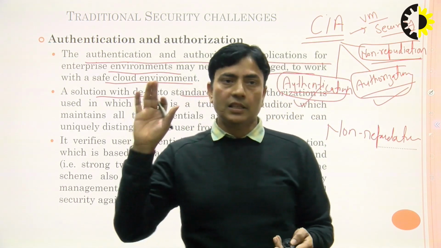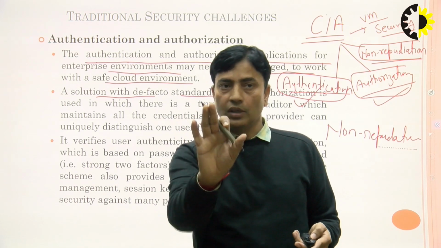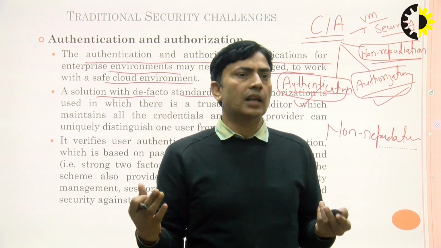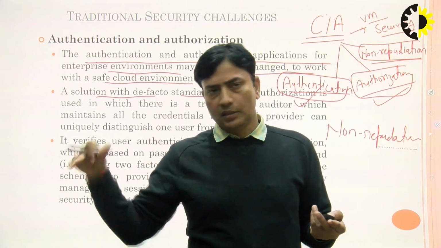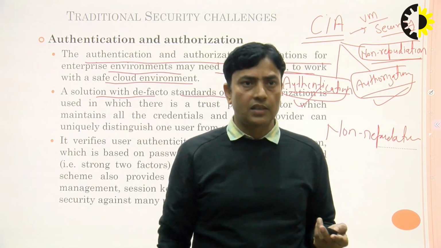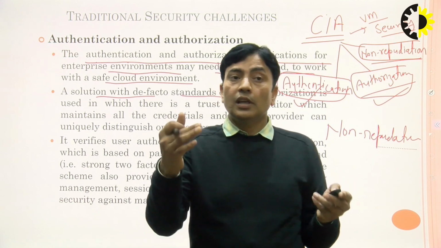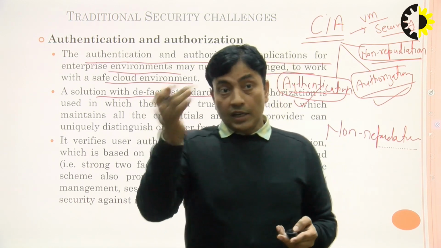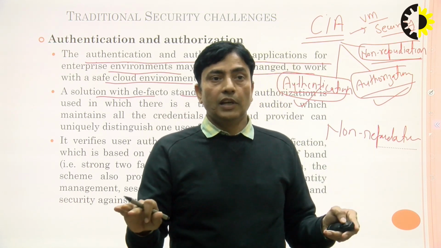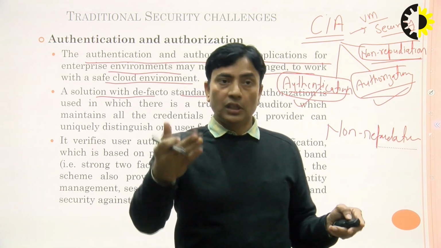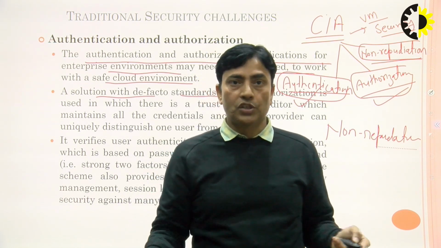We send an illegal message, and later deny it, saying some fake user sent the message on my behalf. So non-repudiation is the process in which a sender cannot deny later on. If you ensure this, it is known as non-repudiation.